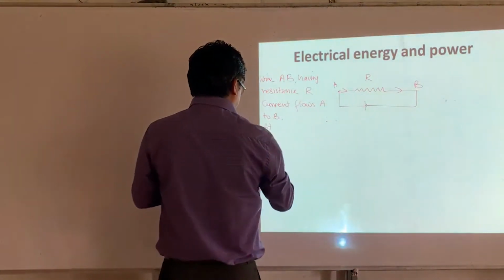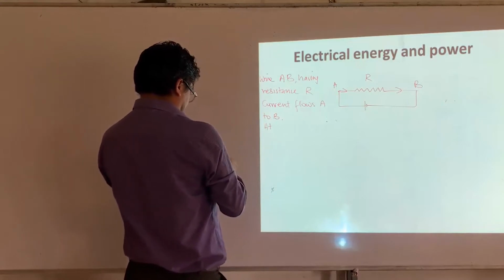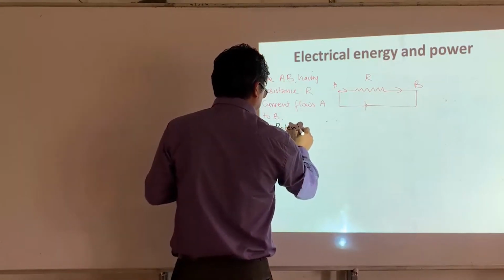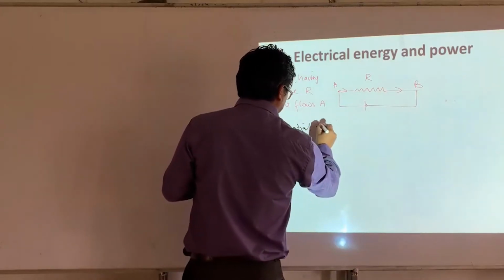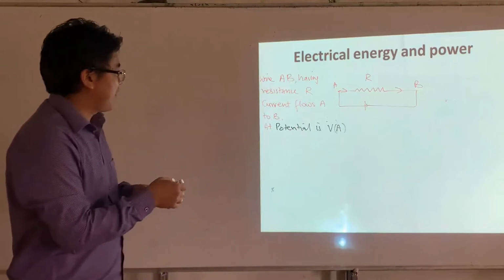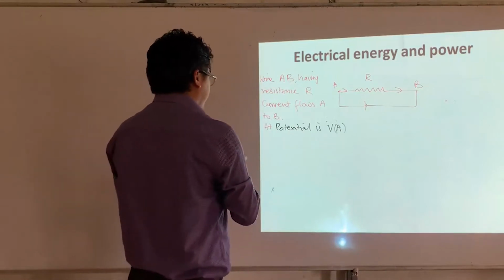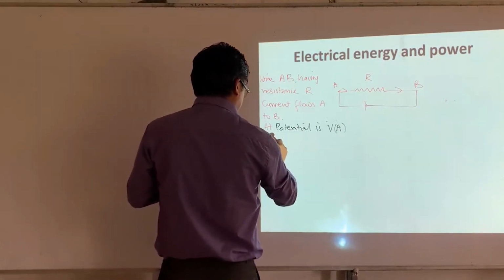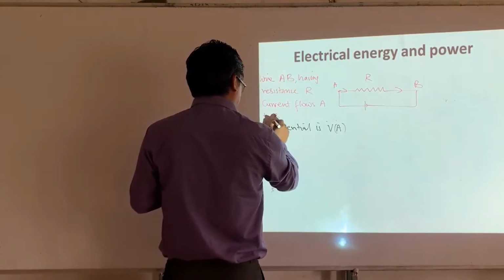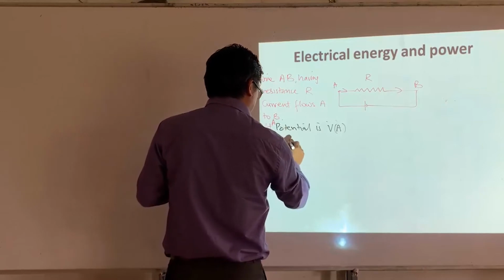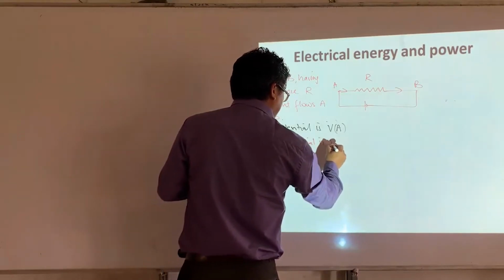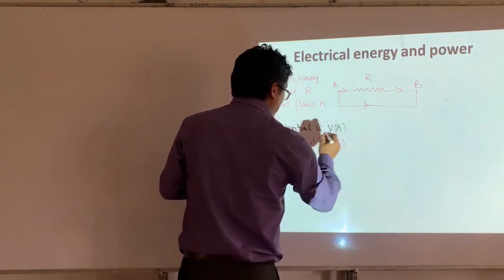At A the potential is V of A, and at B the potential is V of B.